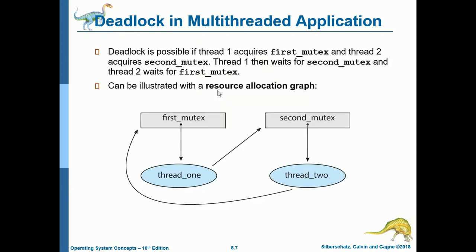Deadlock is possible, as I've said, if thread 1 acquires first_mutex and thread 2 acquires second_mutex. Thread 1 then waits for the second_mutex and thread 2 waits for first_mutex. As I've said with the example of 2 students, they are going to have a drawing session, and you have a pencil and paper.